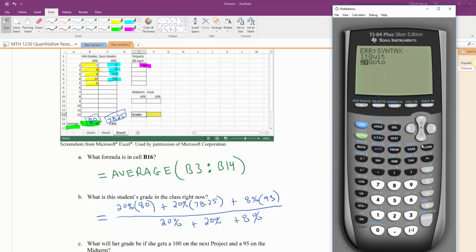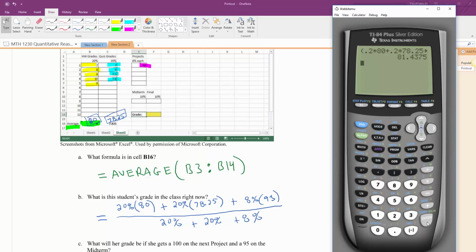Oops, I have a syntax error, let me see here, I might have typed something in. So we want 0.2 times 80 plus 0.2 times 78.25, that's right, and then plus 0.08 times 93, and then divided by 0.2 plus 0.2 plus 0.08. Yep, that's right.